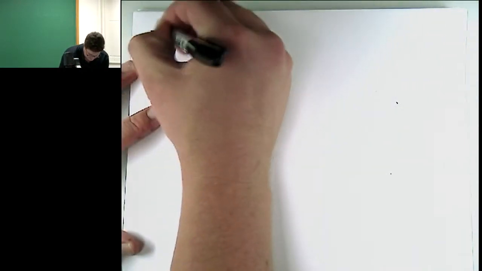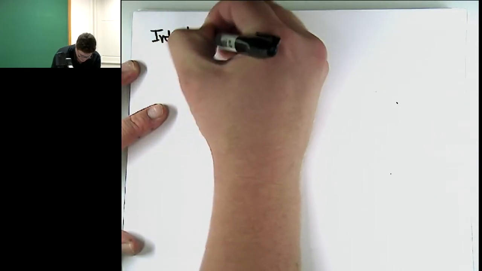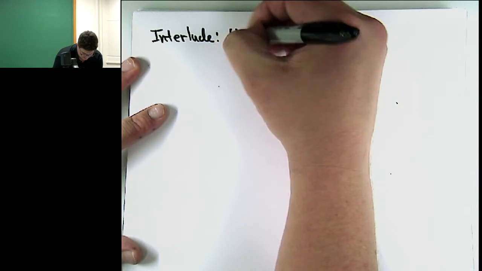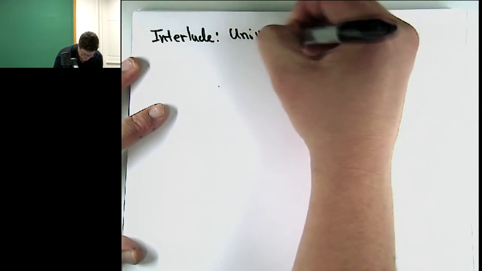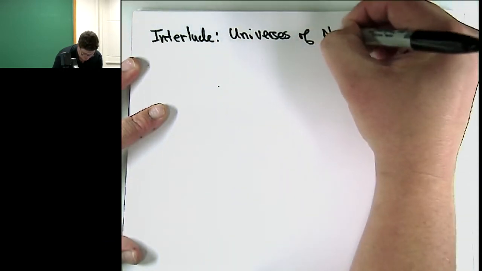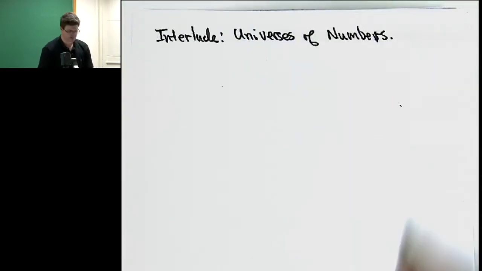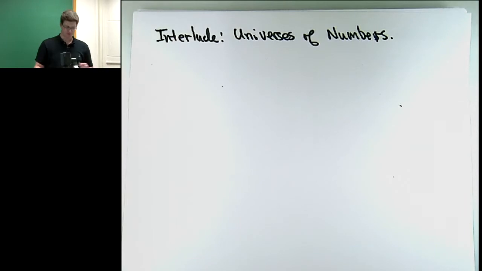So we're going to talk about universes of numbers. Universes are just sets. Sets are just collections of things. I'm going to write some notation down and come back to this later, but it's the first class, so we have to set some stuff down.